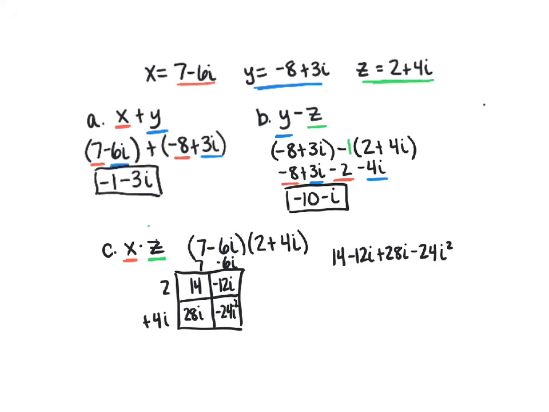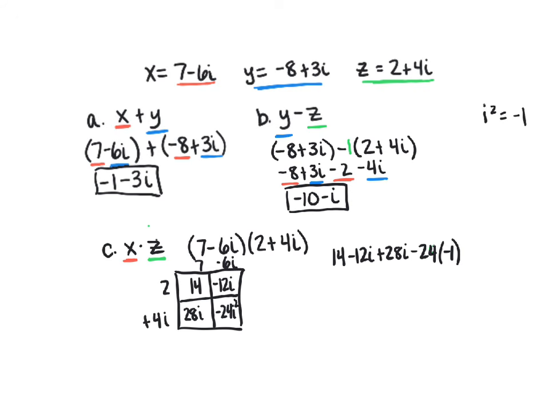And look, if you remember, we can go ahead and change this i squared when we write it down. If we remember, i squared becomes negative 1, so negative 24 times negative 1, because i squared equals negative 1.